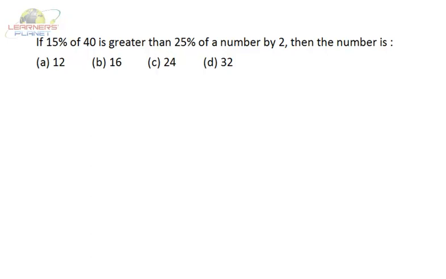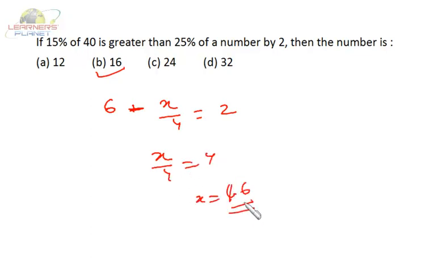Which number's 25% is 4? That is 16. Shall I do it over here? 15% is 3 by 20. 3 by 20 of 40 is 6, minus 25% of a number, that is x by 4, is equal to 2. So x by 4 is equal to 4, x is equal to 16.